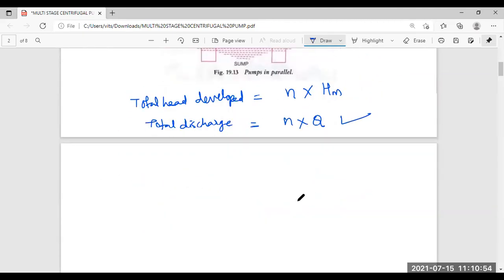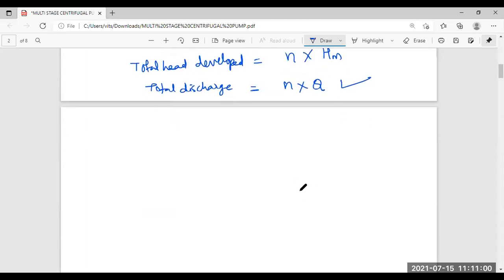And we will discuss another important performance parameter for a centrifugal pump, which is specific speed. Specific speed of a centrifugal impeller is represented by the letter NS.